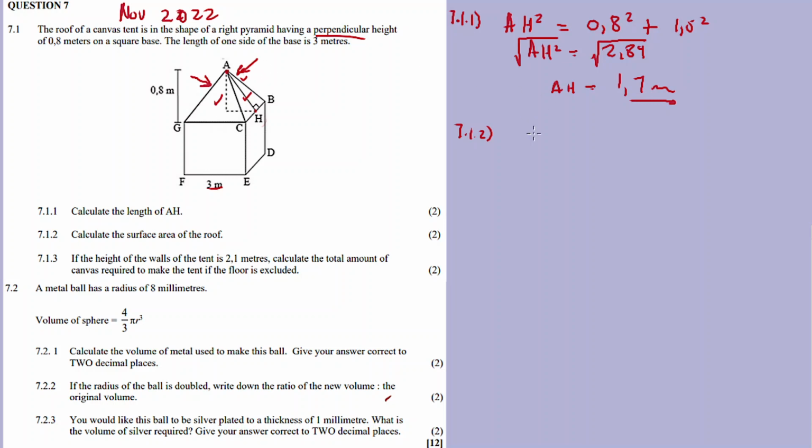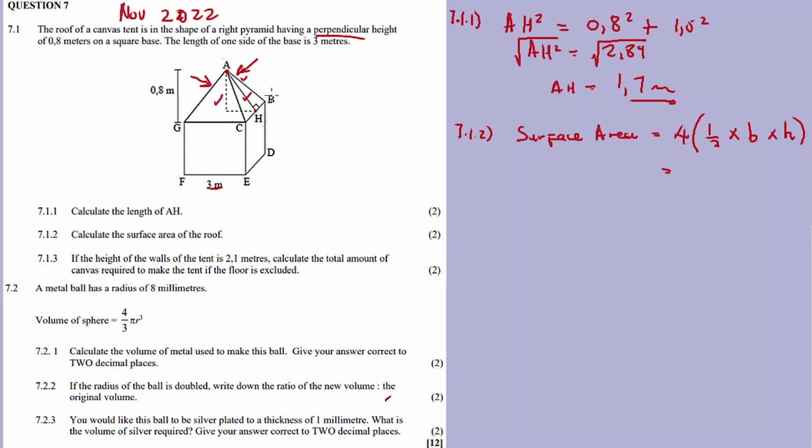So the surface area is just the area of each face around the roofing. The surface area is equal to 4 times, in brackets, 1/2 times base times the height.